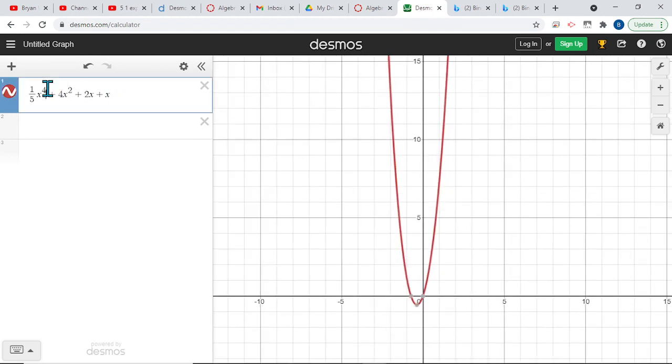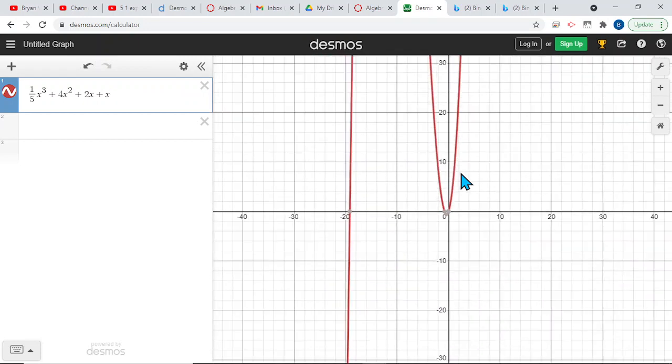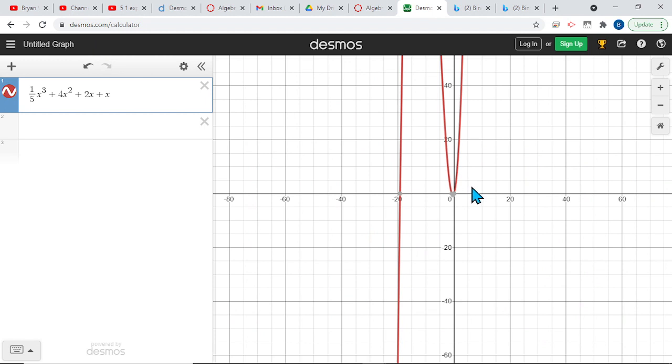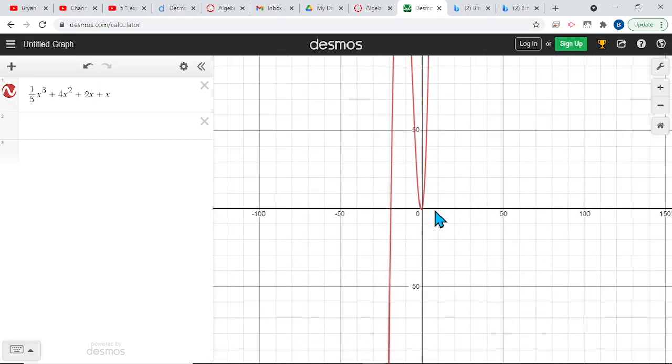I think let's go ahead and make it a third degree polynomial just for fun. So we change that to 3. And at a glance, this may look like the end behavior is to go up, but let's scroll out on this. Oh, it looks like it curves back around, and it takes a little bit for it to do that. This is all the way out to -20 before it's back to the 0 point and starts going down below 0.